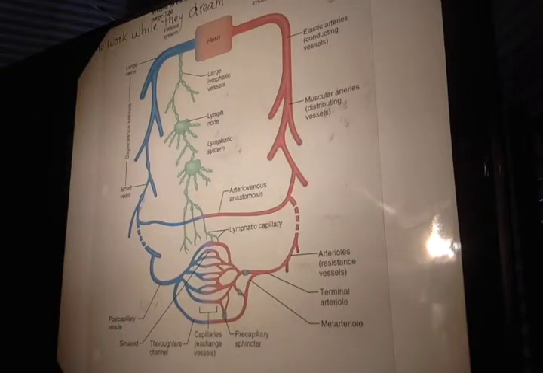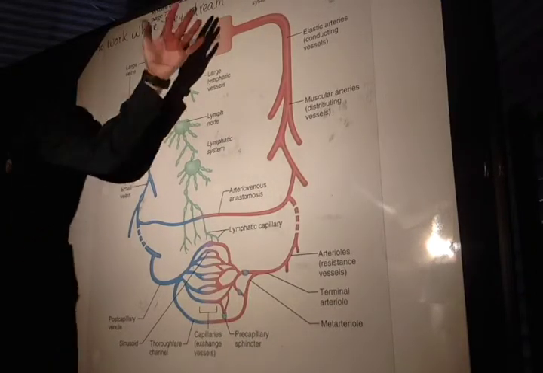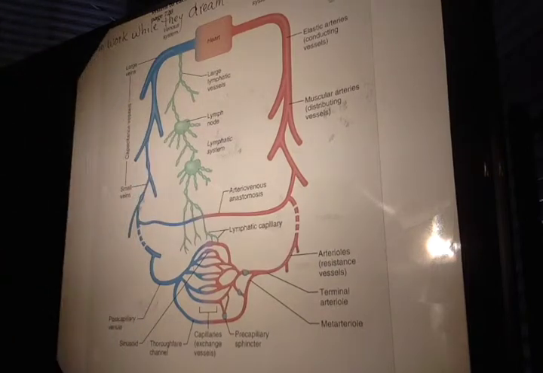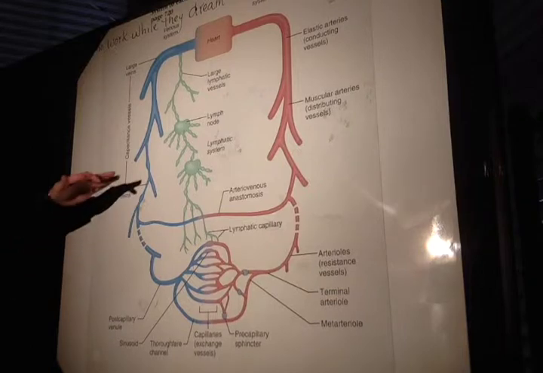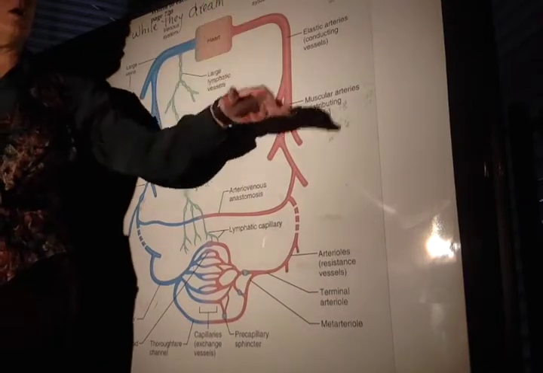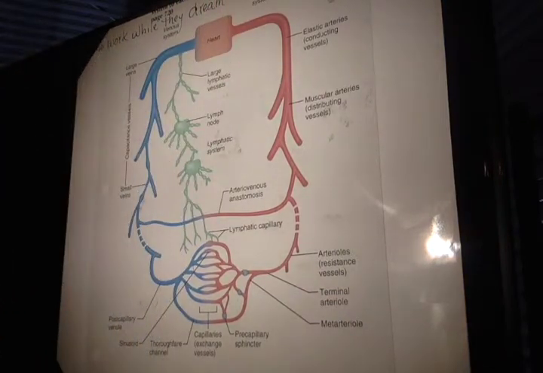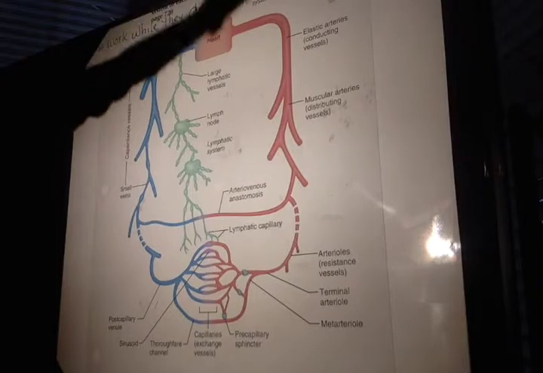Now, if you're going to be really picky about it, your conducting vessels or your pressure vessels have different names depending on how far down the system they are. Your big, huge arteries are called conducting vessels because, like the aorta, for example, it's carrying blood to the downstream parts.